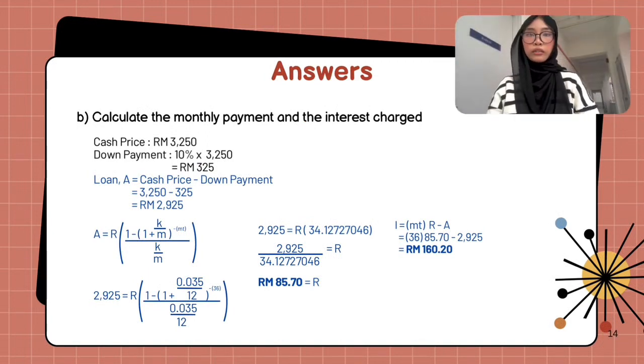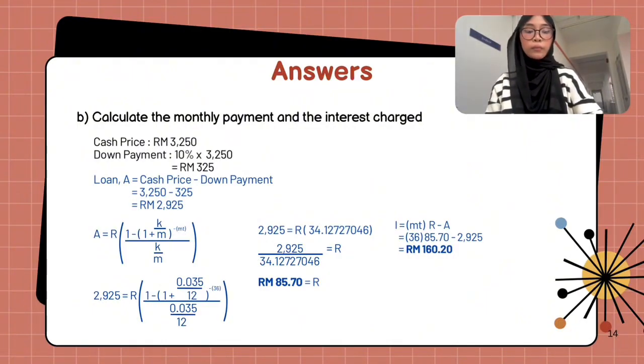2,925. And next, we must find the monthly payments, which is A equals R, open bracket, 1 minus open bracket, 1 plus K over M, close the bracket, power of minus MT, over K over M, close the bracket.